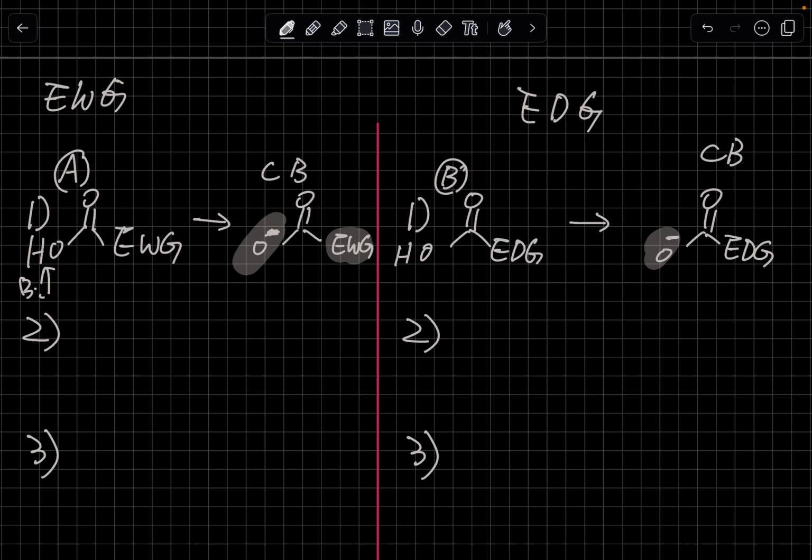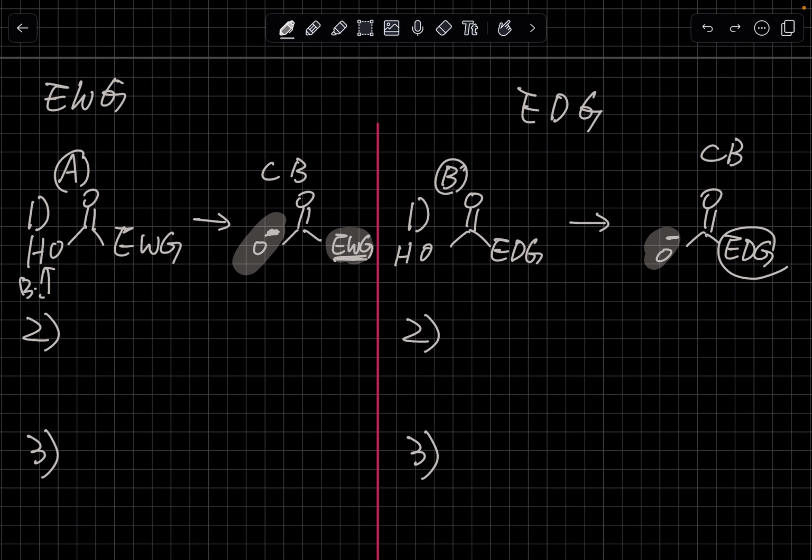So if you still donate more negative thing to the system, it overwhelms it, right? If you withdraw the electron density from here, then the molecule is happier, right? You are providing some positivity to this case, right? So this conjugate base is more stable.